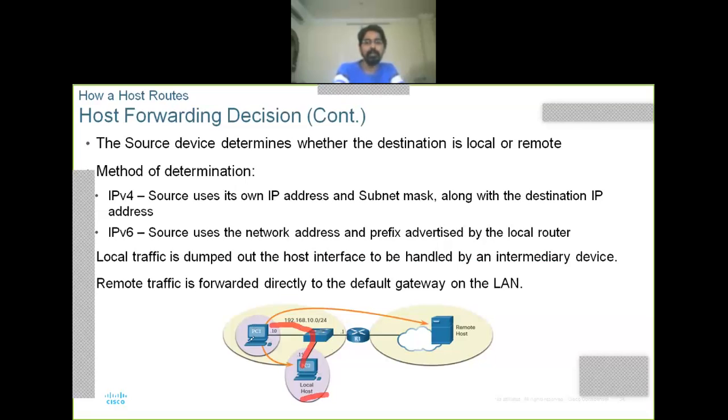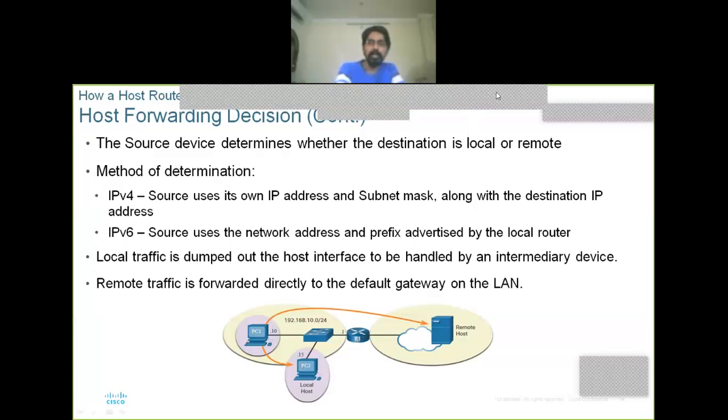If PC1 wants to send data to a remote host, how is the connection established? Through a router. So using a router, we can forward our packets. This host is forwarding the packets.